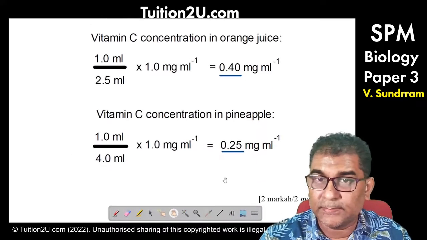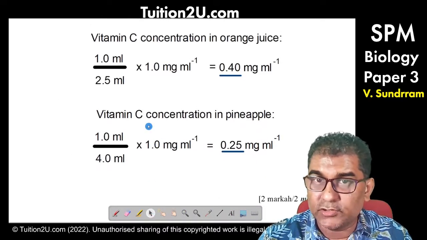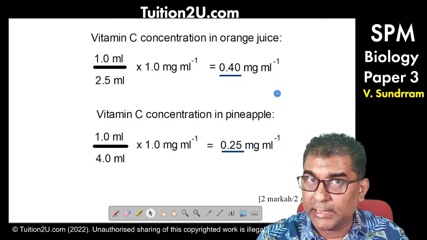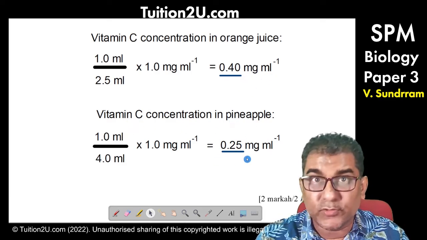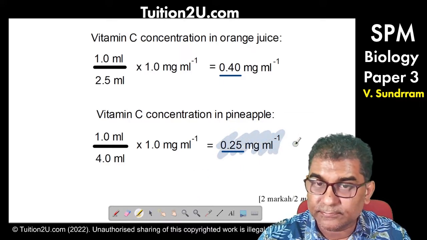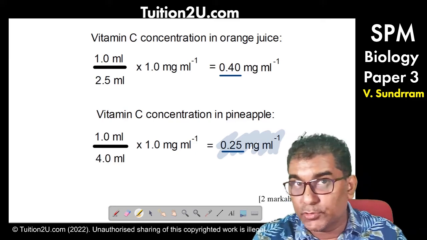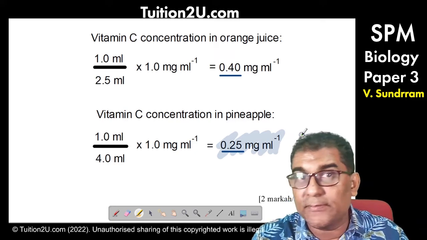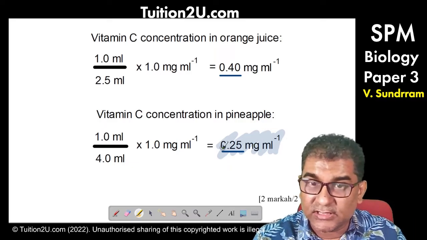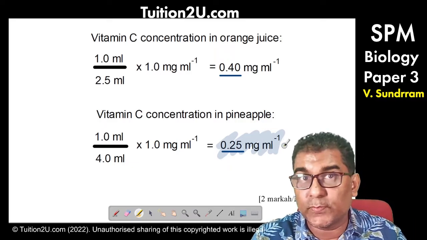What we know from the experiment is this. This is a calculation we made. We know orange juice is supposed to have 0.40 milligram, whereas pineapple juice 0.25. So this is the data from the experiment. A fresh pineapple juice is supposed to have 0.25 milligram per milliliter. If it's not fresh, the value should be lower than 0.25.